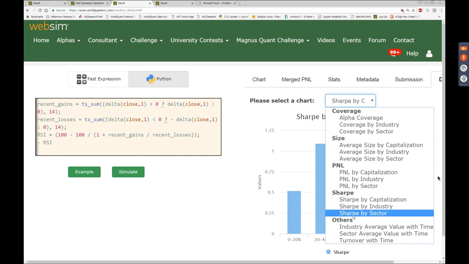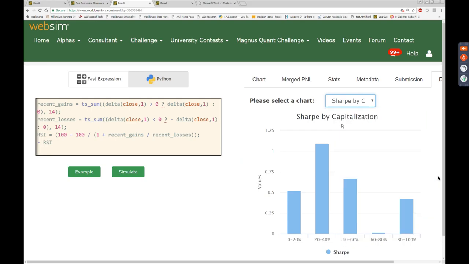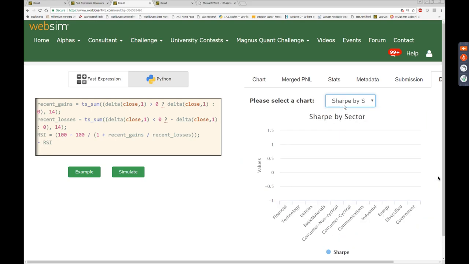Another thing that is nice to look at is Sharpe by sector. That's another thing where companies might behave differently if they come from different sectors. And here we also see that most of the sectors give us a positive P&L. Some of them not so good, but we don't need to have an alpha that works in every sector, even though it's nice to have.